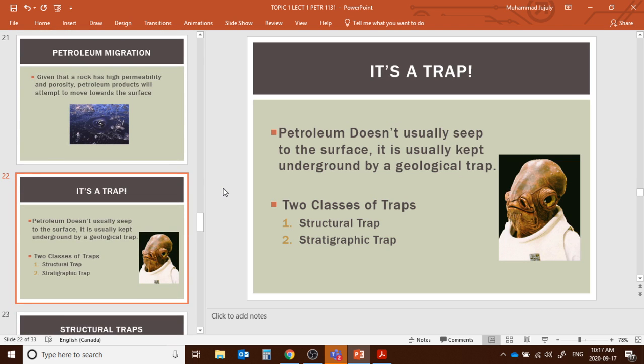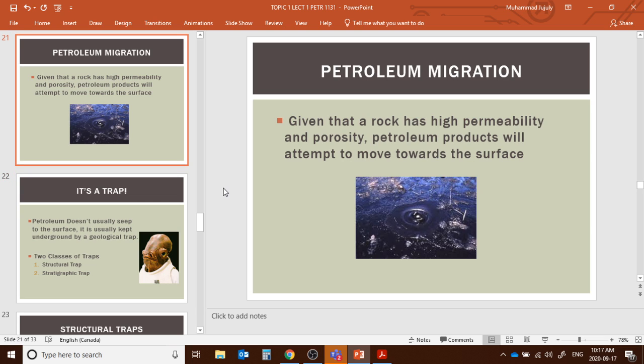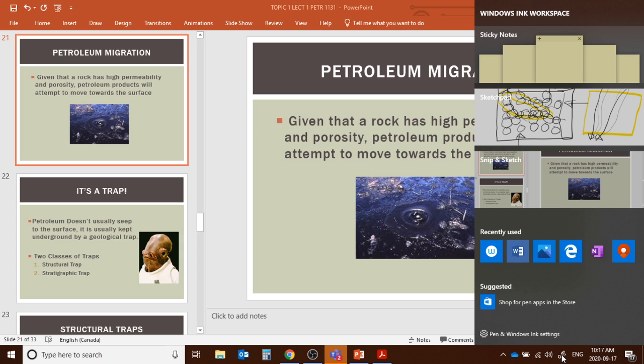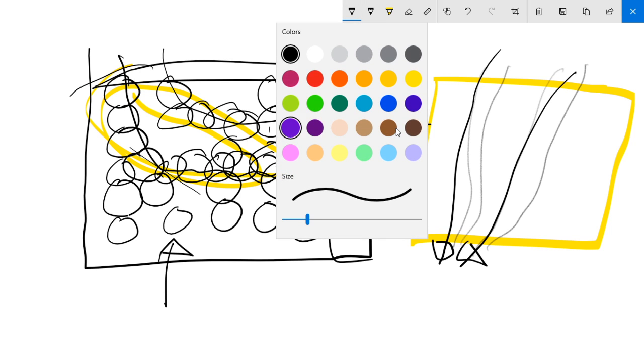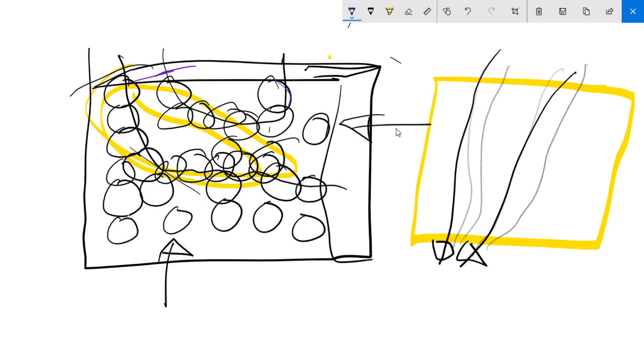Now, the traps. If the petroleum moves from the bottom to the Earth's surface, for example, this is the Earth's surface. I'll just paint it blue.